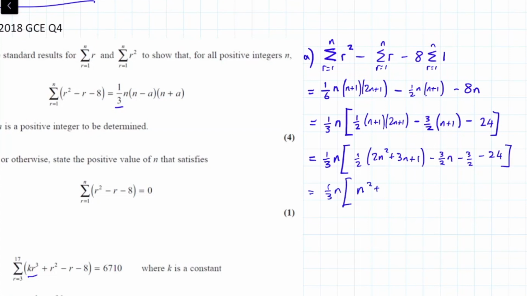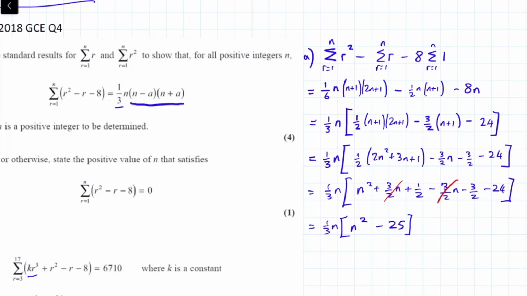So that's n squared plus 3/2 n plus 1/2. And now we see that some of this is going to cancel out. We can now cancel those two, and we'll combine everything that's left and see what we get. We should have n squared. We've got 1/2 minus 3/2, that's minus 1, minus 24 gives us minus 25. And suddenly this thing here becomes clear. We now are left with a difference of two squares.